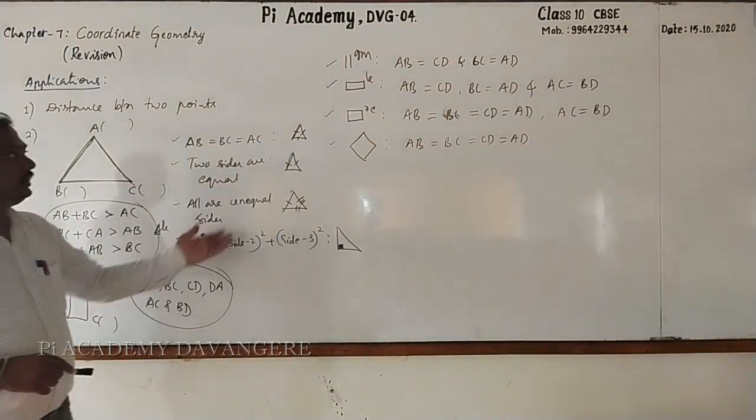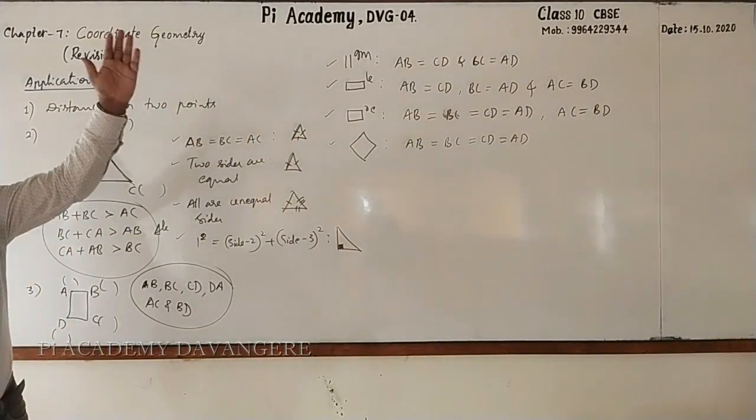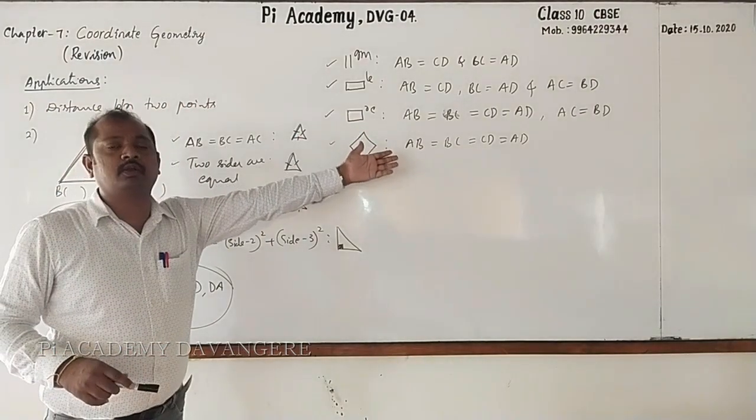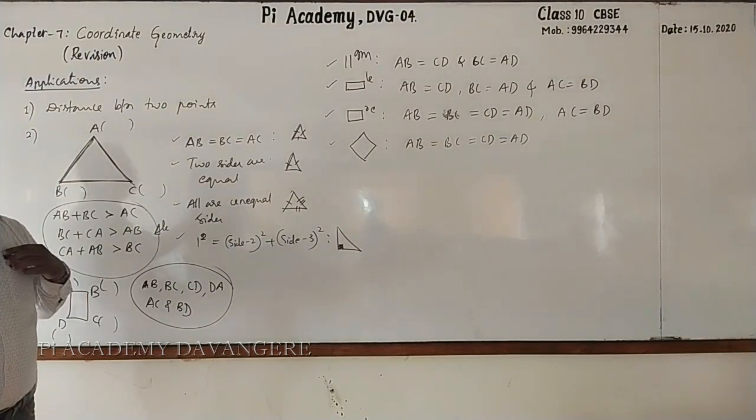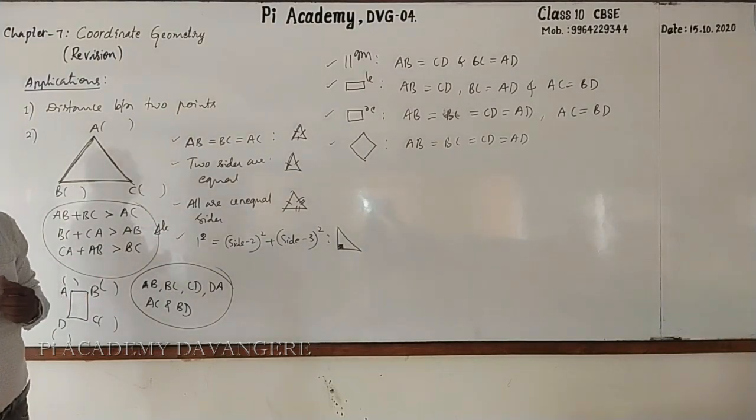Clear? Then giving you the 4 vertices, they'll ask you to tell what type of quadrilateral it is. These are the possible questions. Let me go for taking one simple example.